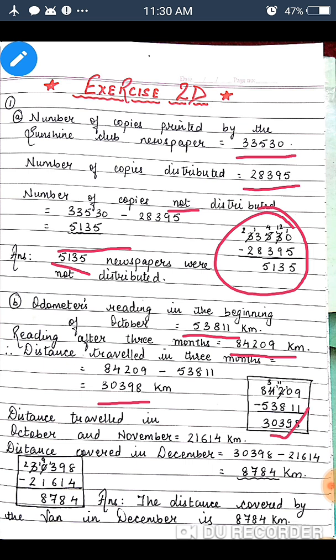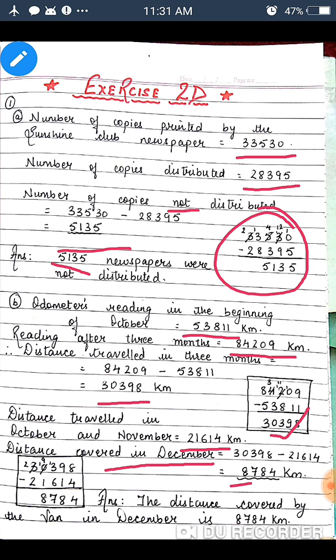Now, out of this, for the 2 months of October and November, the distance covered was 21,614. So, this distance, if we subtract from 30,398, we will get the distance which was covered in the month of December.